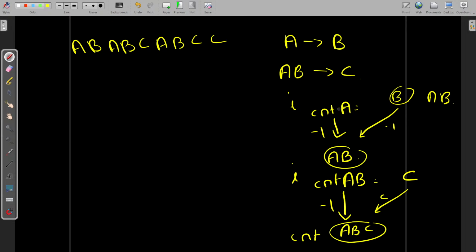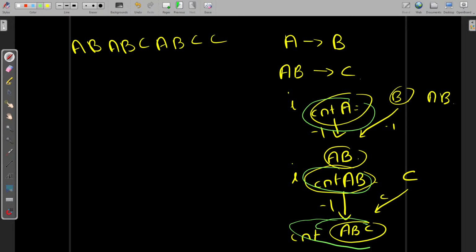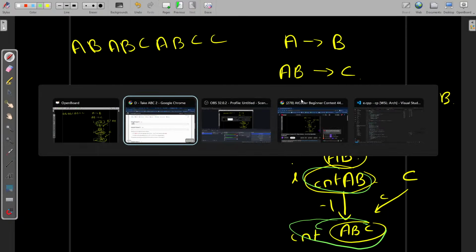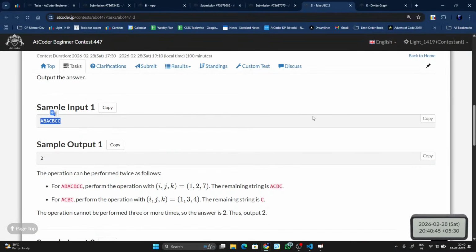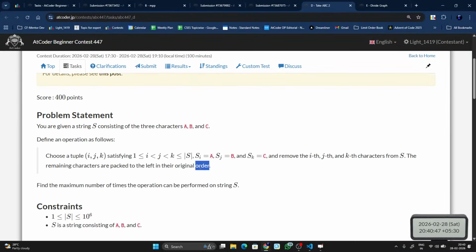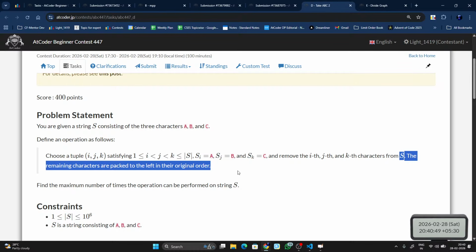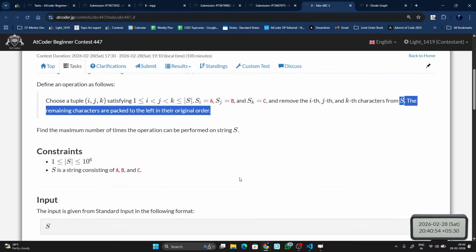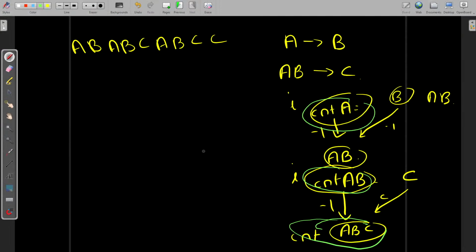So if we maintain the count of A and the count of AB, then we can find the count of ABC, which is actually the solution to our problem. The problem says find the number of tuples ABC which we can create. So if we find that count of ABC, then that's our solution.